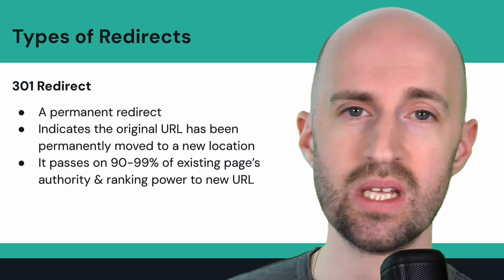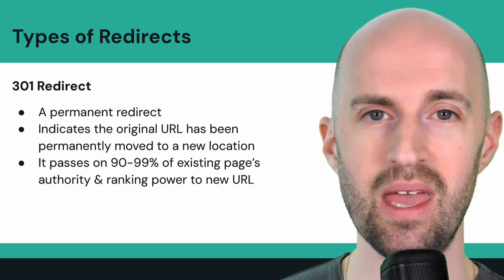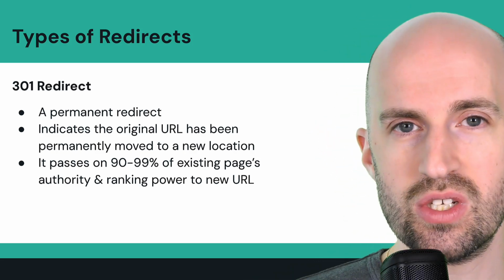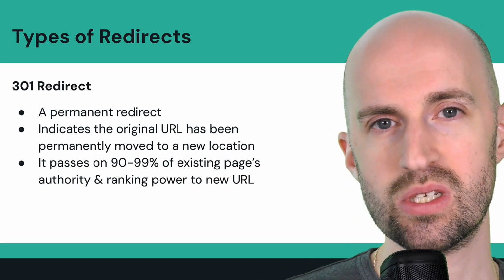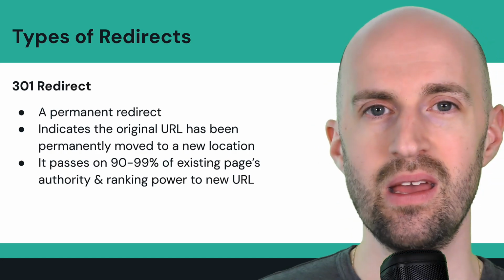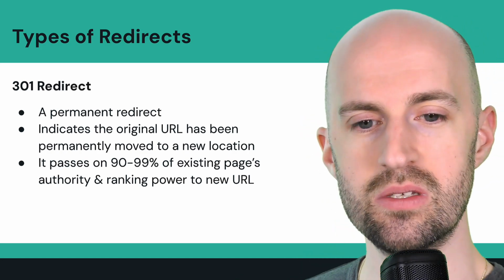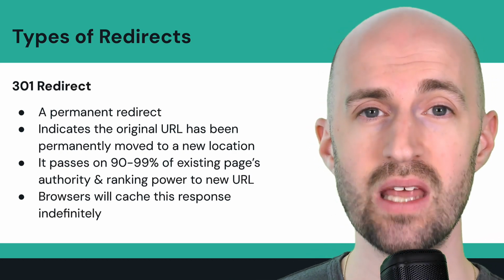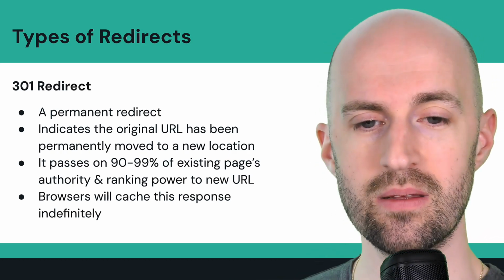So instead of losing that by deleting the page and not redirecting, we transfer it to the new page, and that gives it an equal boost to rank in the same or similar positions. Browsers will also cache this response indefinitely because it's permanent.